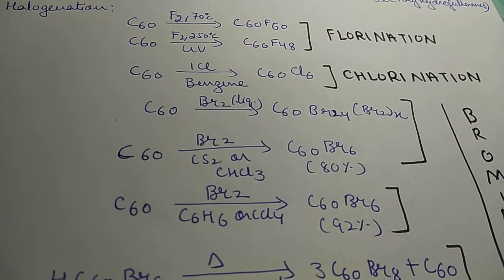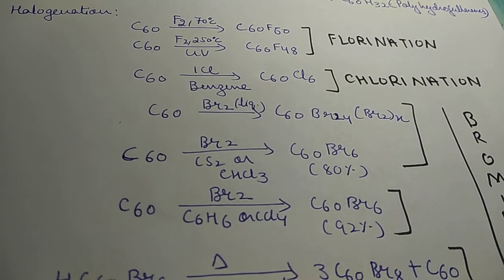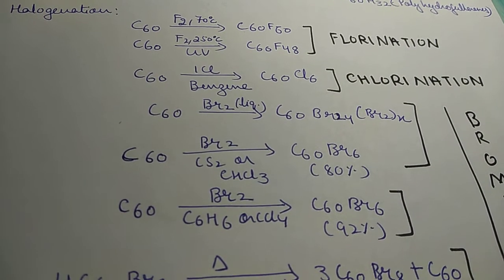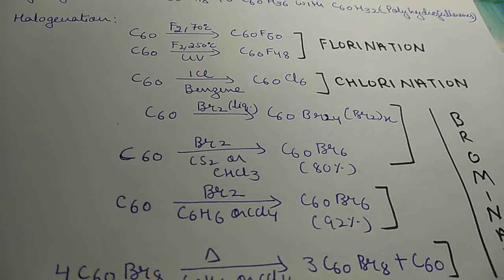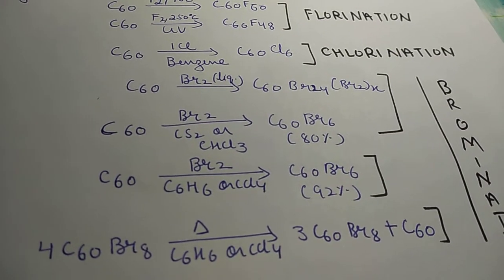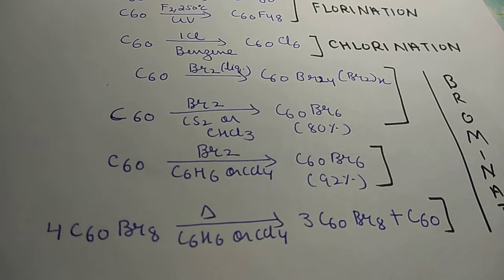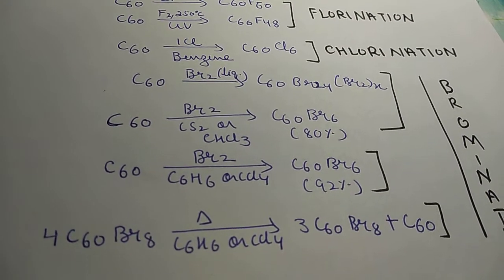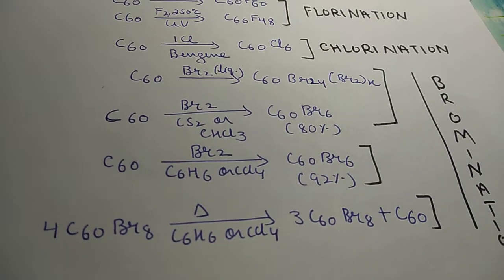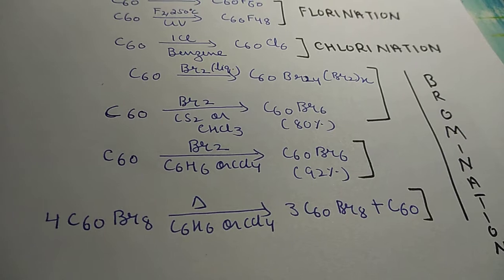Then if you treat C60 in the presence of benzene with ICl, iodine chloride, we get C60Cl6. And if we treat C60 with liquid bromine, that is, bromination with liquid bromine is carried out, we get C60Br24 and Br2 molecules.